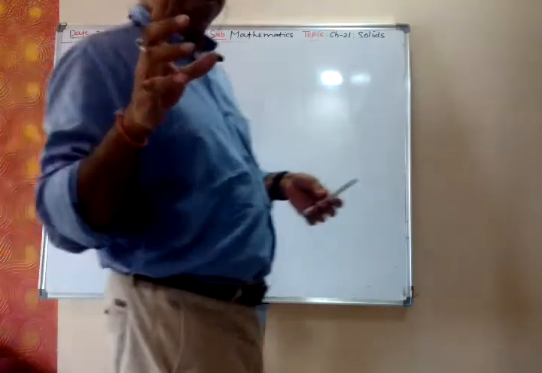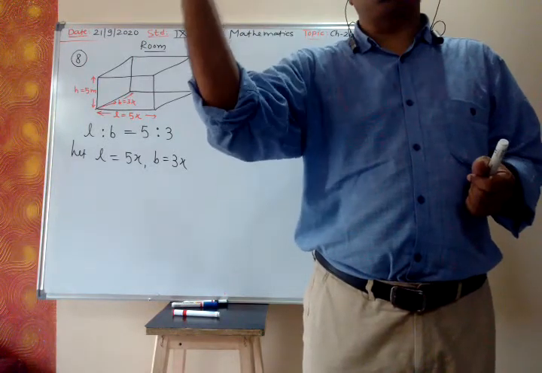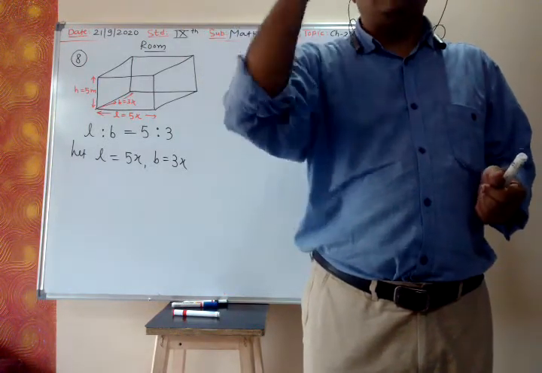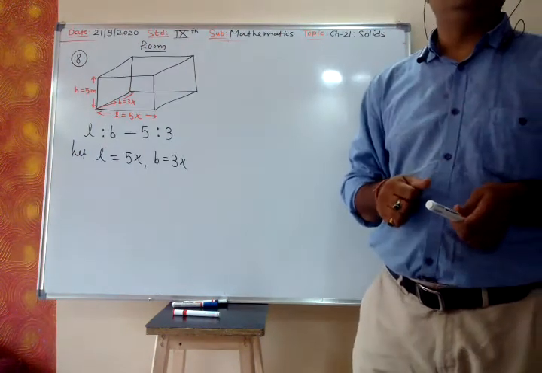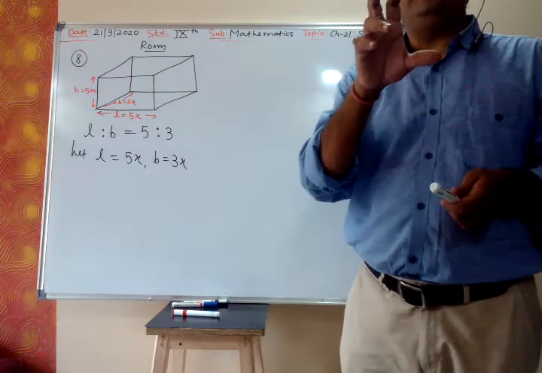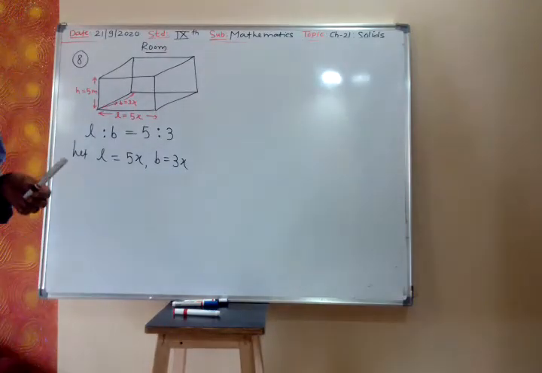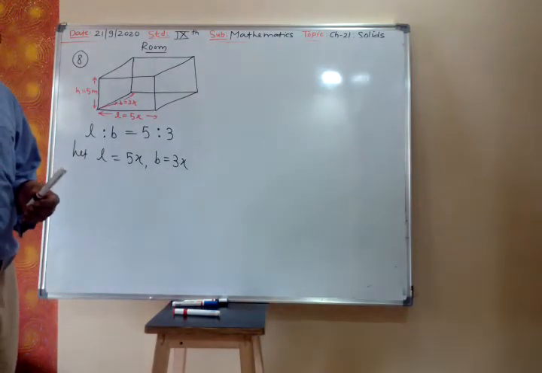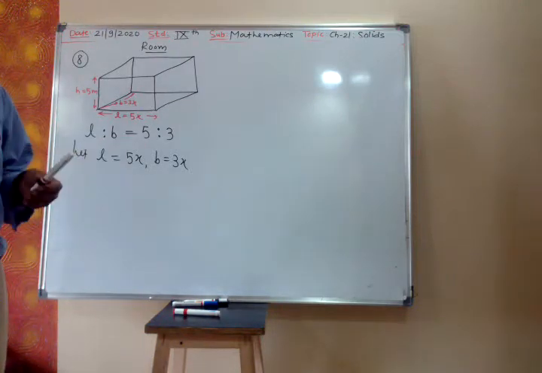No, x is not given. We have to find. See, the 4 walls of the room is how much area? What is total surface area? Total surface area is area of all the 6 surfaces: front, back, left, right, bottom, top.